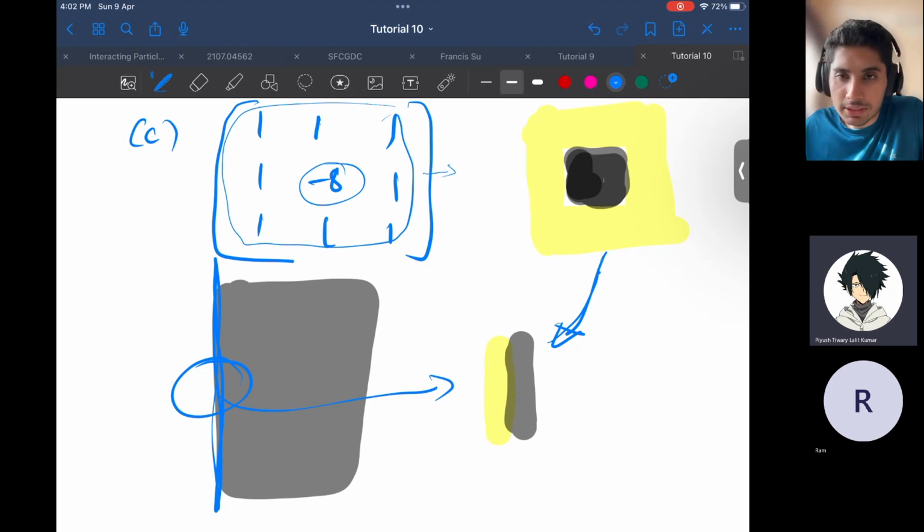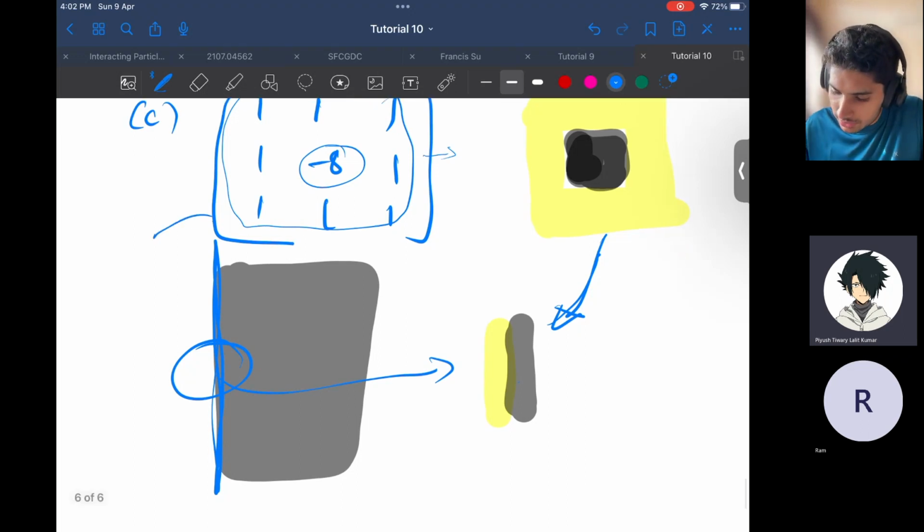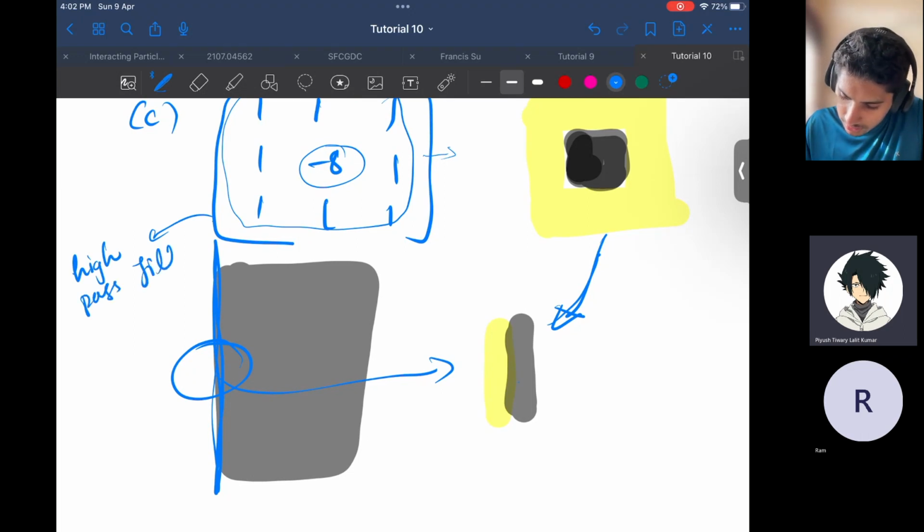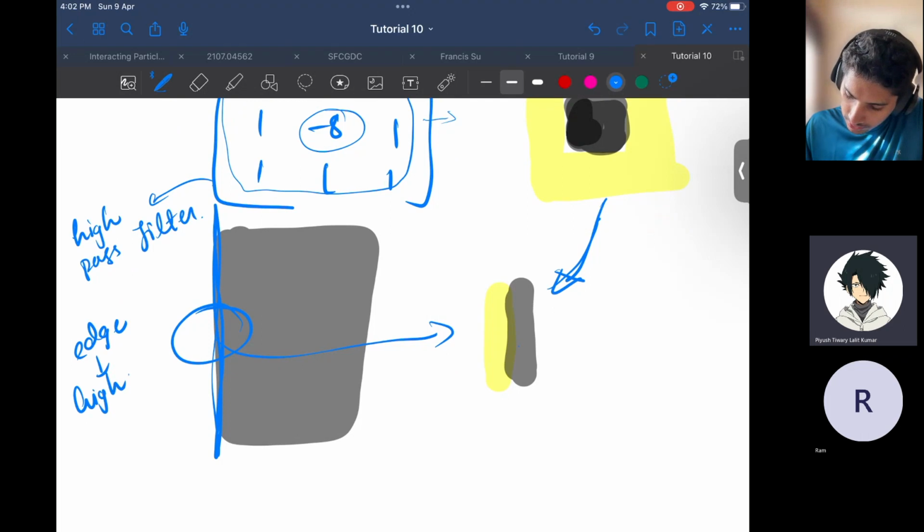The answer that I would say is that this filter is actually a high pass filter, and an edge is also a high pass frequency thing.